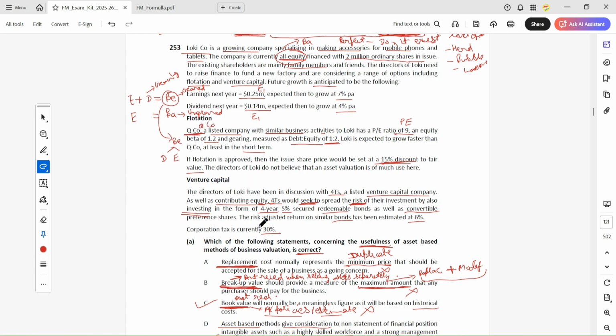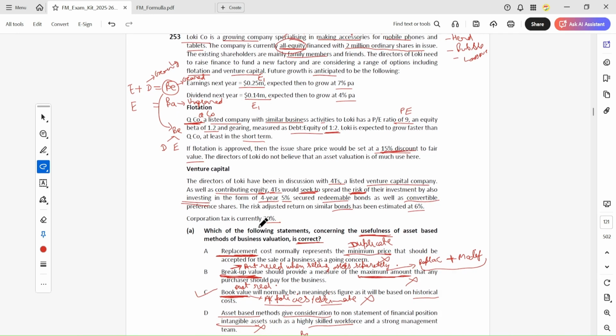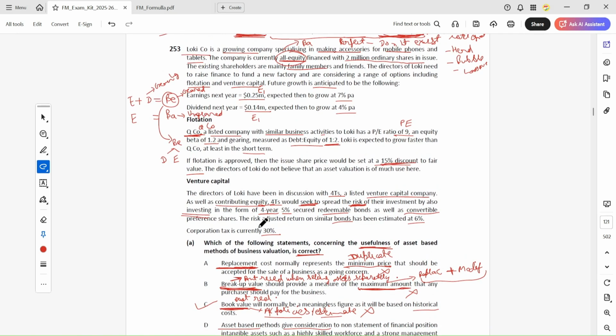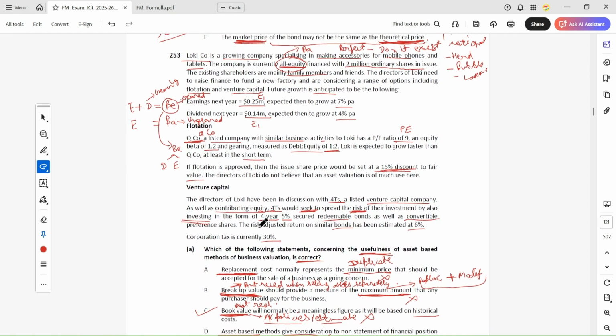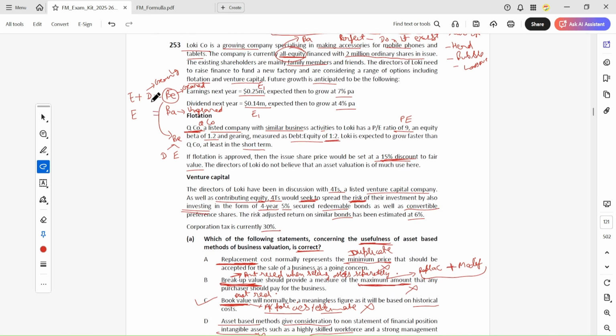So now we have to convert it into the asset beta. Sorry, asset beta. So now we have to de-gear. We need to remove this debt.